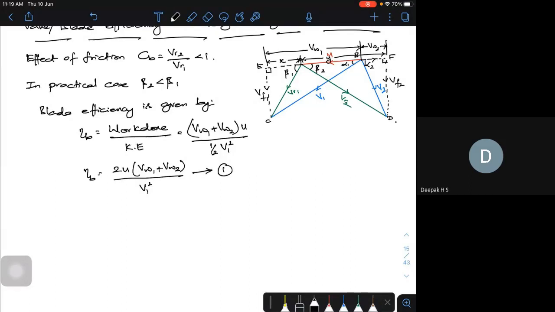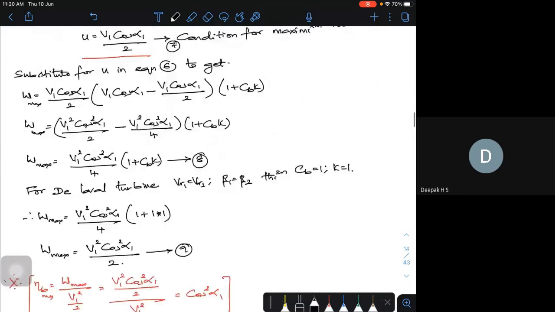Now from the velocity triangle, if I consider the velocity triangle, so what is this U into this particular thing? If you go back and look at the expression from yesterday, we defined what your VW1 and VW2 are.